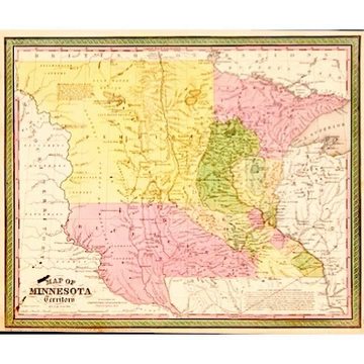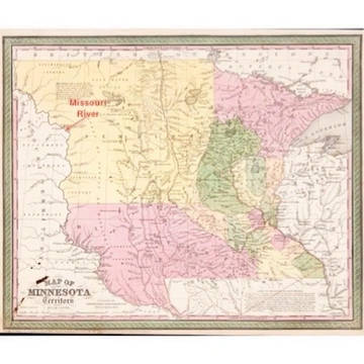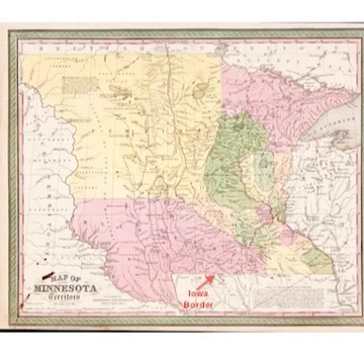This map shows the territory of Minnesota as it existed in the mid-1850s. The state stretches from the St. Croix River on the east to the Missouri River on the west, and then the southern border is the northern border of Iowa, and the northern border is the border with Canada.